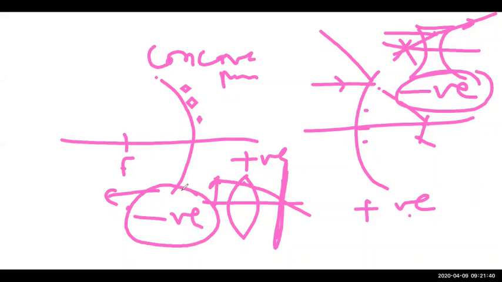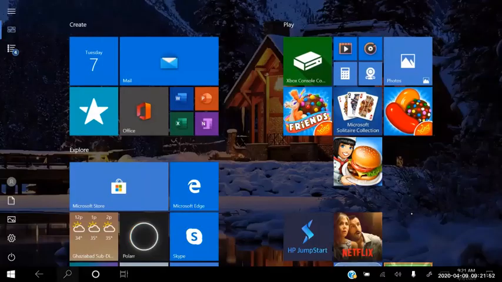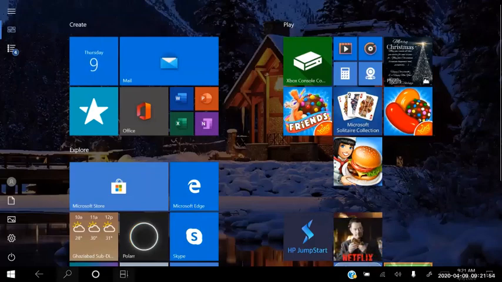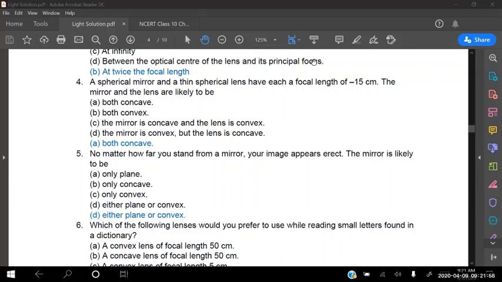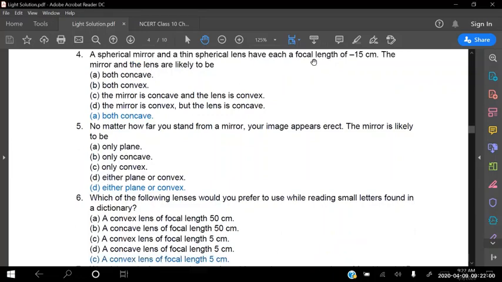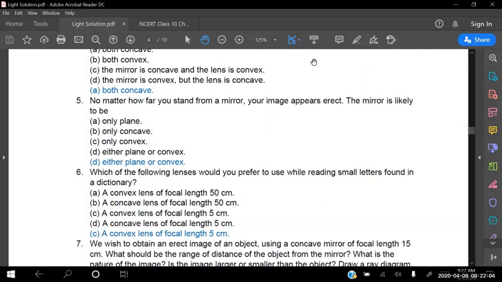So accordingly, we have to write the answer. So I'm coming back to the same question again. So you can just see both concave. That's why this answer is both concave.